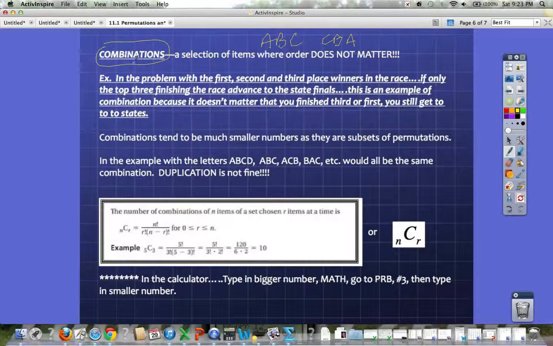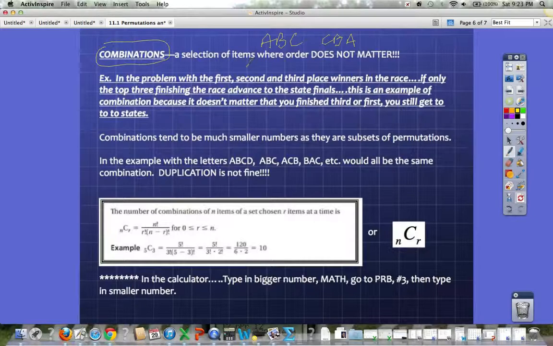But with a combination, that would be the same thing. We'd only want unique combinations where the order does not matter. It won't work if we wanted to use ABC versus CBA in a combination.